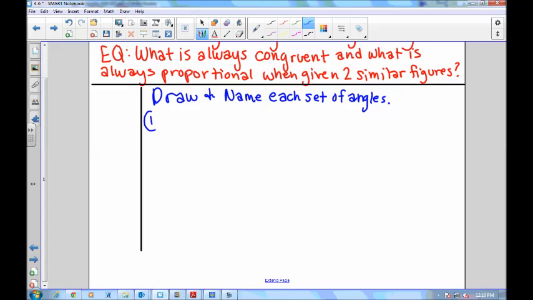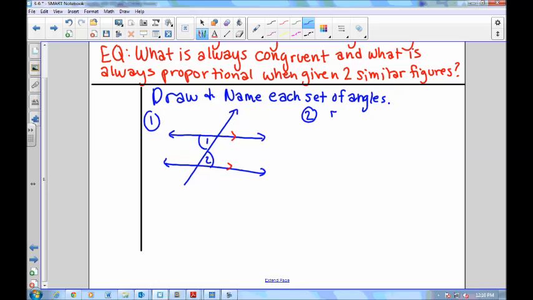Okay, number 1 looks like this. And we're given these little arrows, so you should know what those little arrows mean. Draw that and see if you can recall the name we've talked about for angles 1 and 2, their relationship.